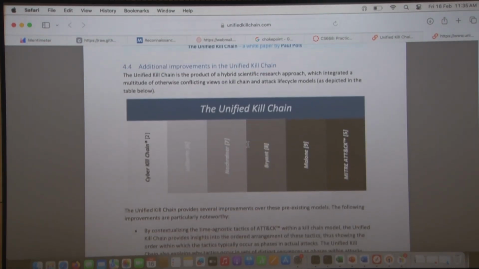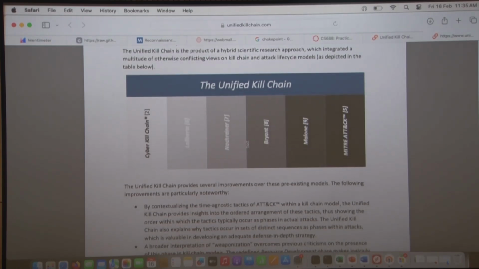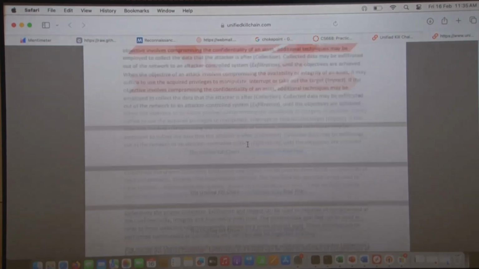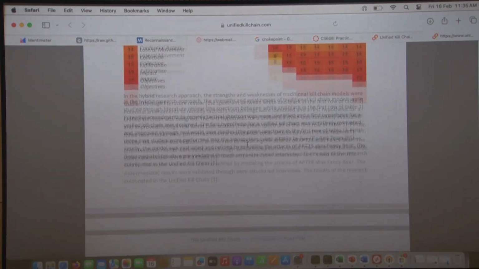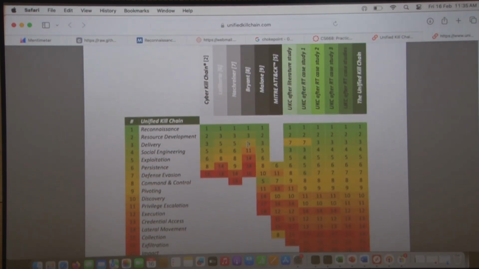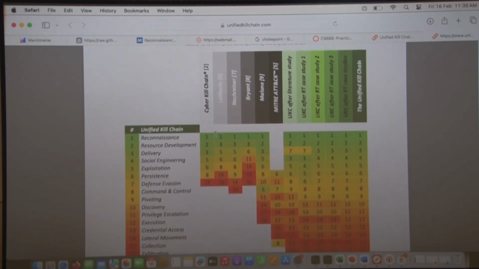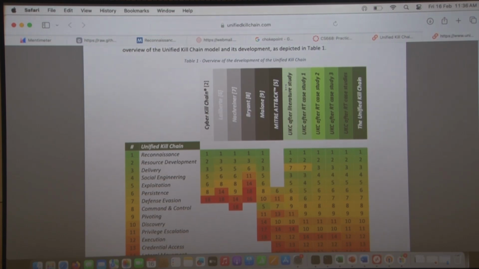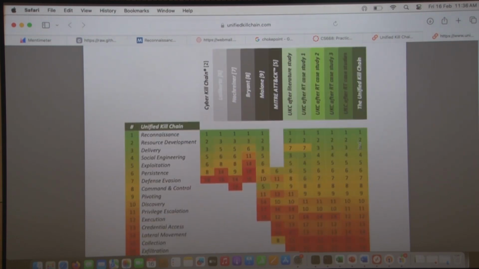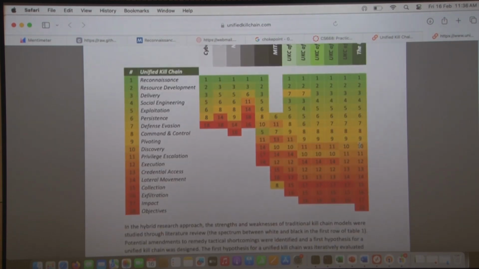They have also given the additional improvements they have made over all present kill chain frameworks. They have compared the stages, what different stages they have included, and for the UKC they followed several iterations to do the study and finalize the last one. You can go through it for more detail.